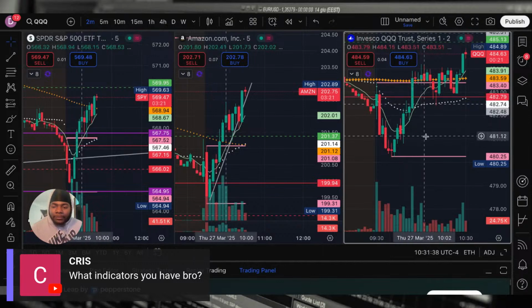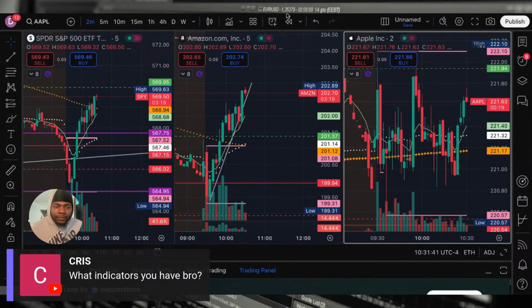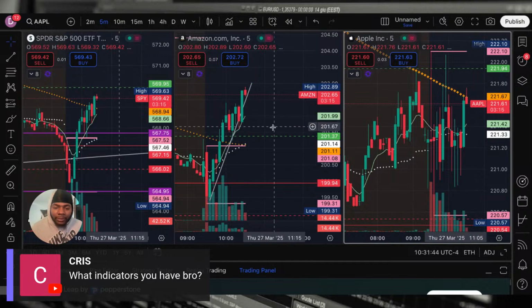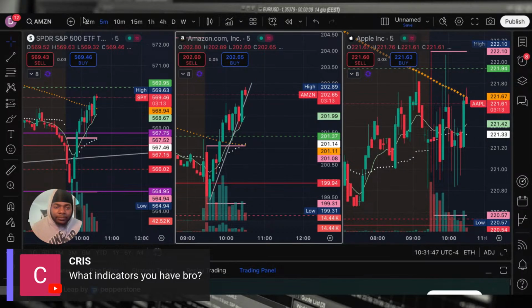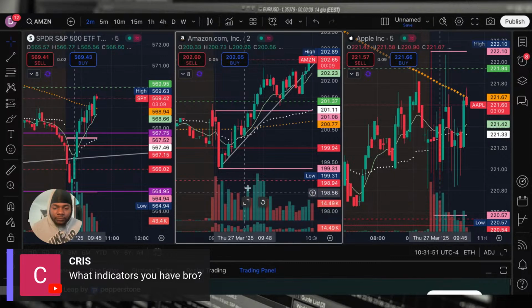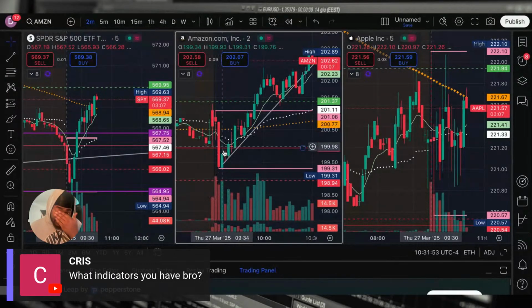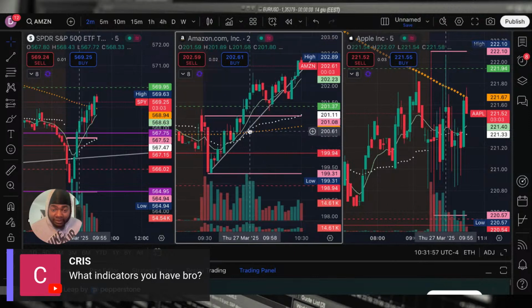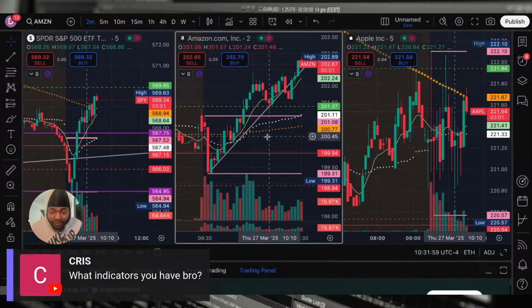But right after we lost, as soon as I figured out the trend, we got an Amazon. Amazon came down, did the same thing QQQ did. I seen it trending up a little bit. It got above ORB right here.